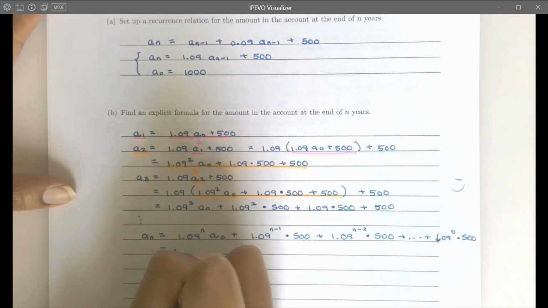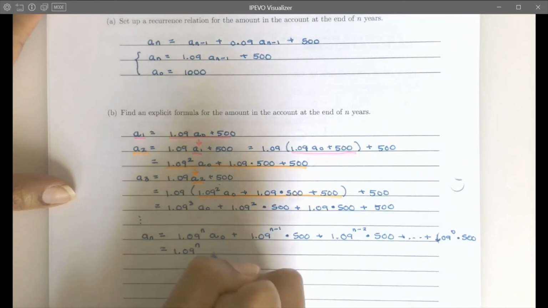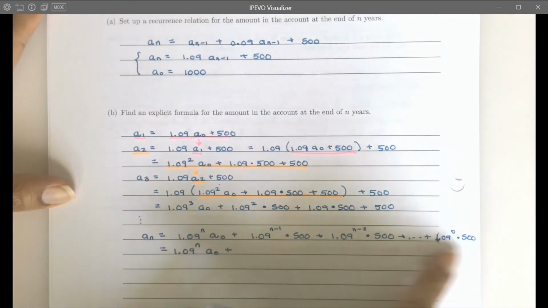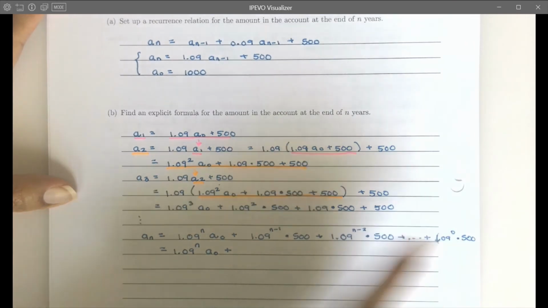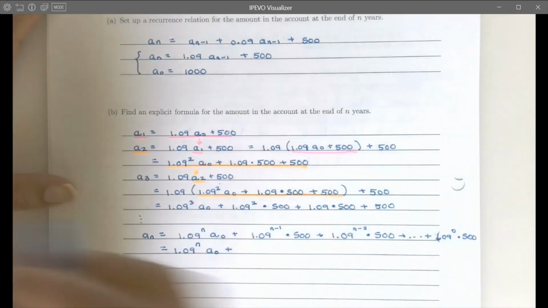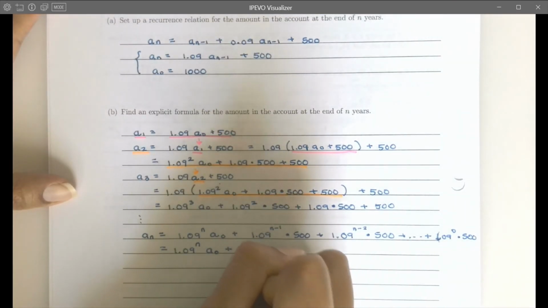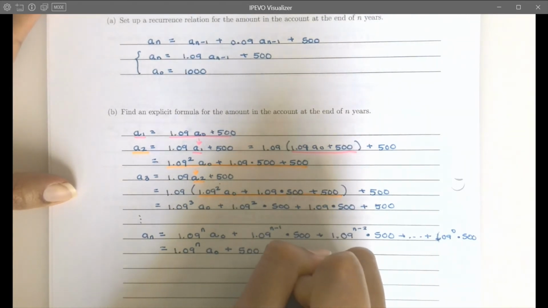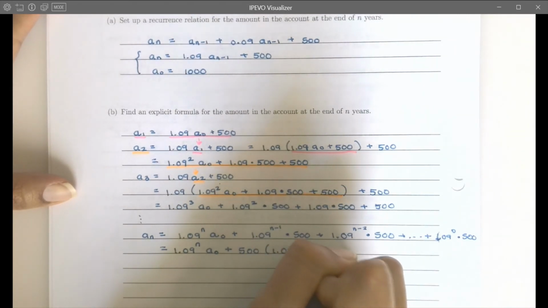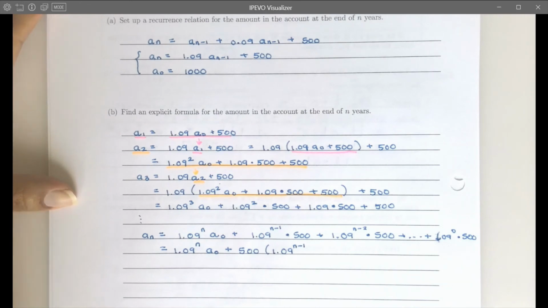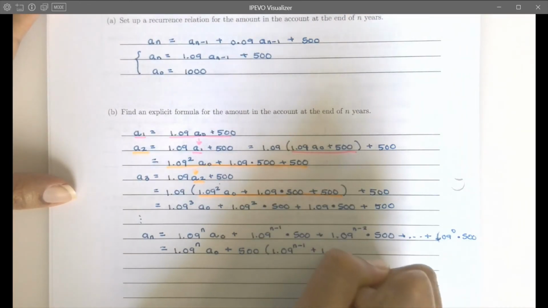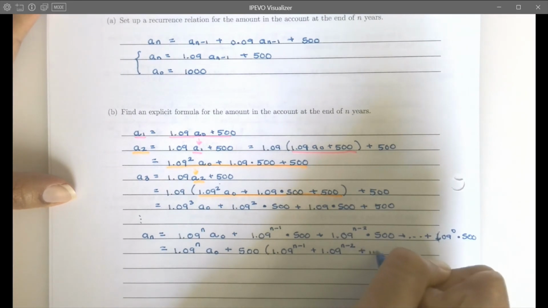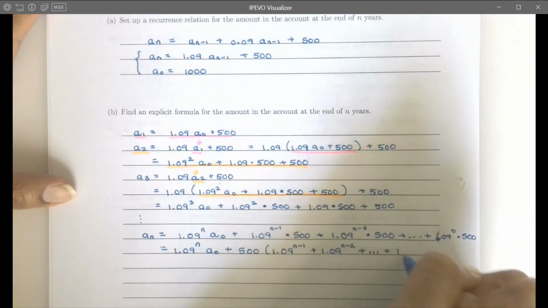So the 1.09 to the n times A0 cannot be simplified, but these last terms all have in common a factor of 500. So I'm actually going to factor it out to get 500 times 1.09 to the n minus 1 plus 1.09 to the n minus 2 plus all the way down to 1.09 to the 0.